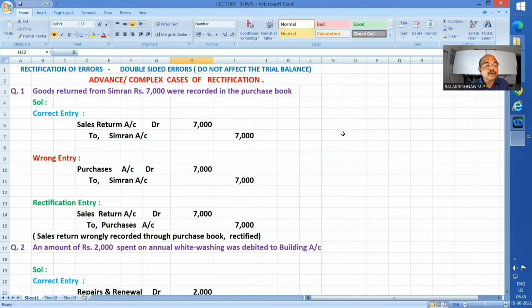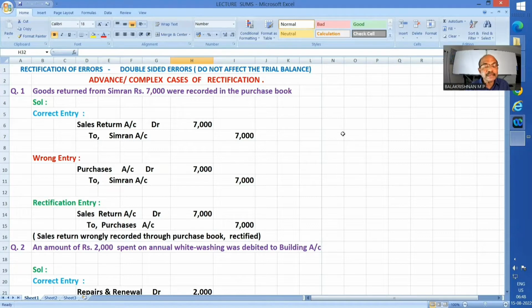Whereas the wrong entry has been purchase account debit to Zimran account. Why? You routed it through the purchase book. An entry you make in the purchase book, purchase stands by default debited and the party concerned by default stands credited. So Zimran has been taken care of, whereas purchase has been unnecessarily debited.